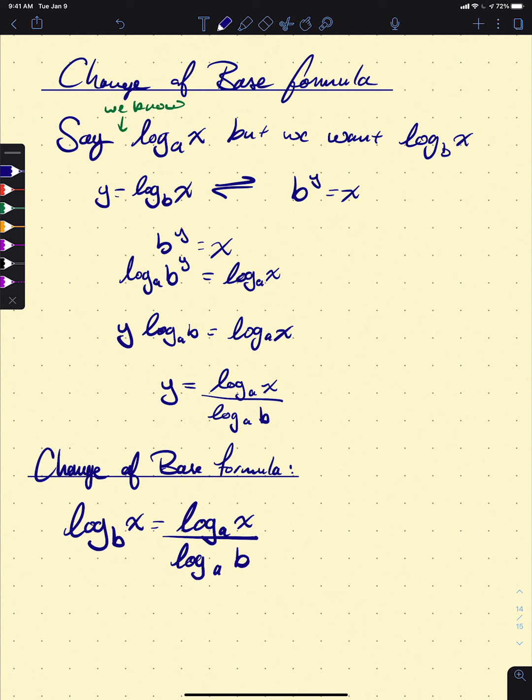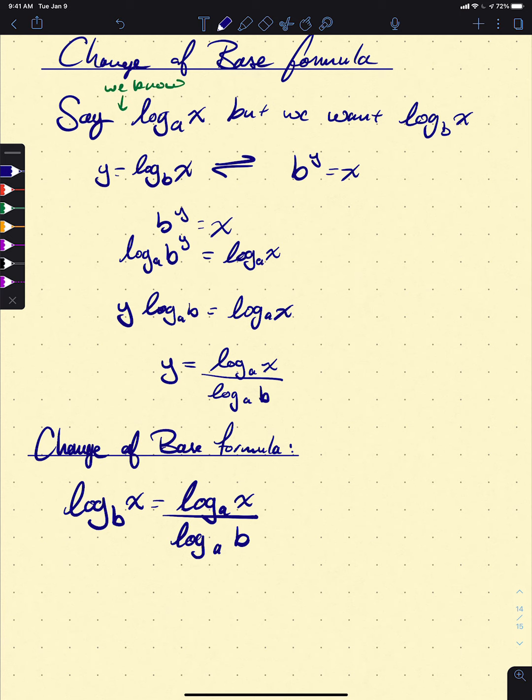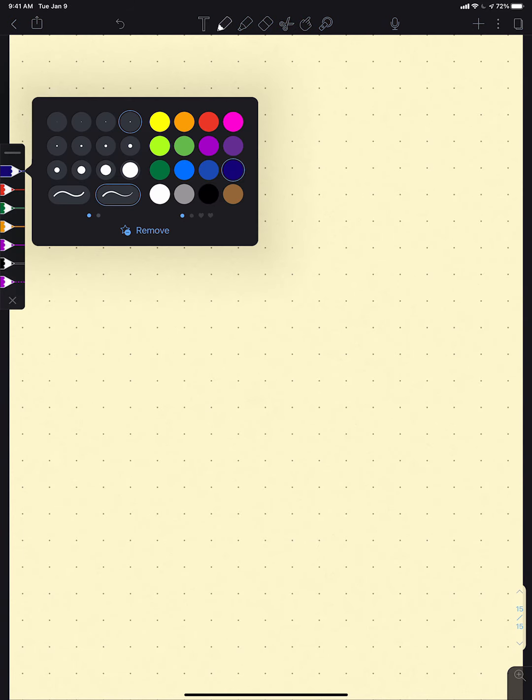Isn't that nifty? One of the reasons this is very useful is when you're trying to use a calculator to evaluate these logarithms. Now, a calculator isn't required in this class, but there are times where it's useful.